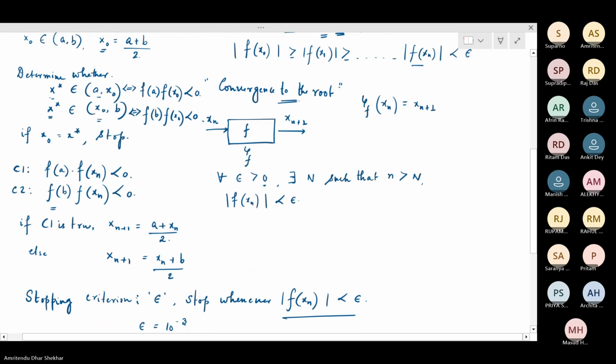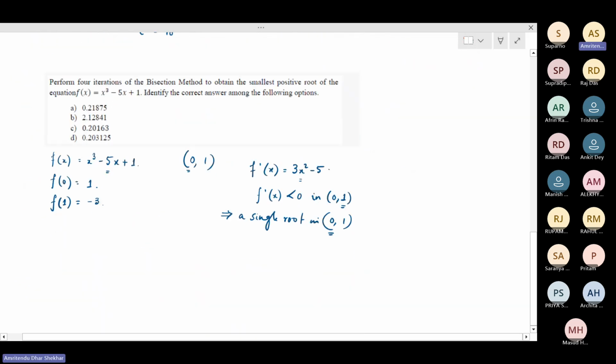Here there exists a single root because the function is decreasing. The function looks like this. It is positive at 0 and negative at 1, and f dash x is negative, which means it is a decreasing function, so there exists only a single root.